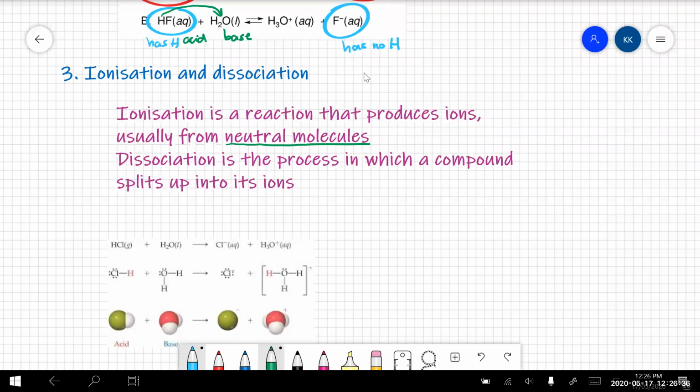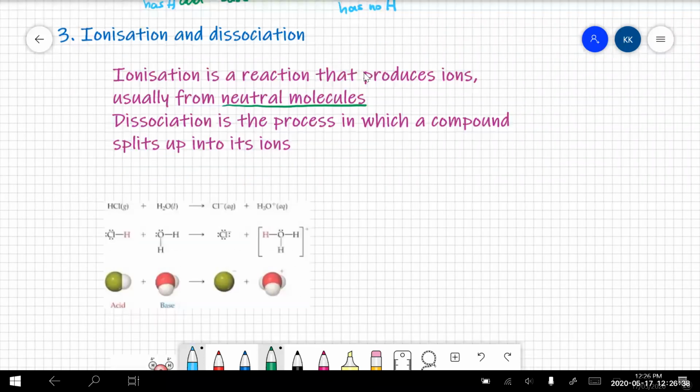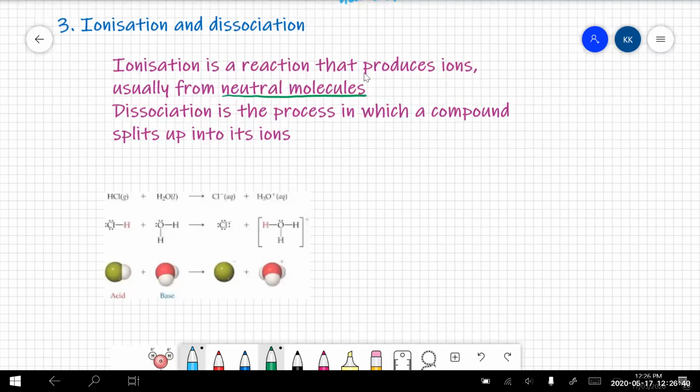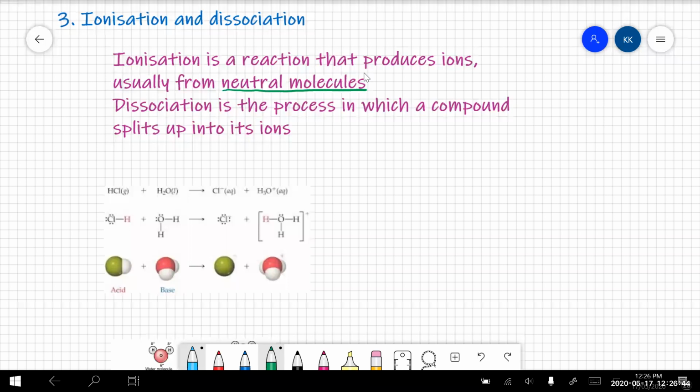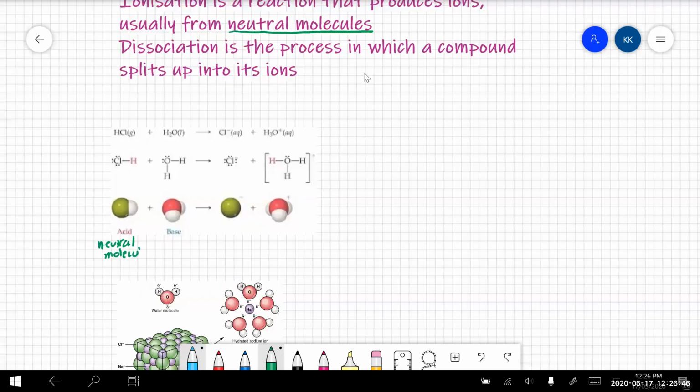So in our ionisation of HCl, you can see that here we have a neutral molecule of HCl, no charges on it, and we have a neutral molecule of water. And over here, we have ions.